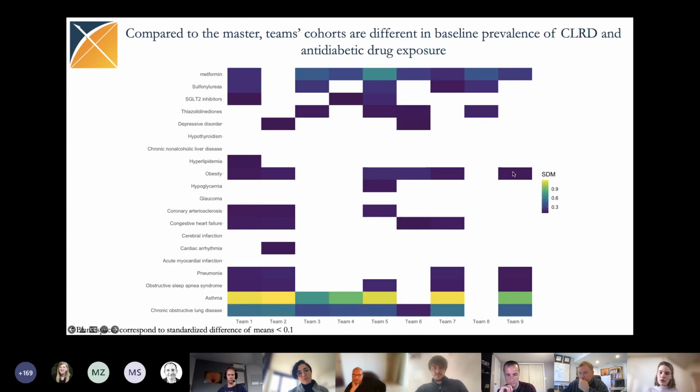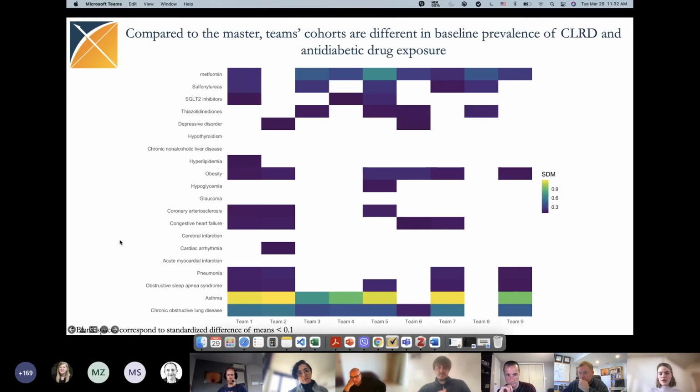And if we look at the individual patient characteristics, which I think is also interesting, what you see here is the heat map of the standardized difference of means, and the white spaces are those where the standardized difference of means is less than 0.1.